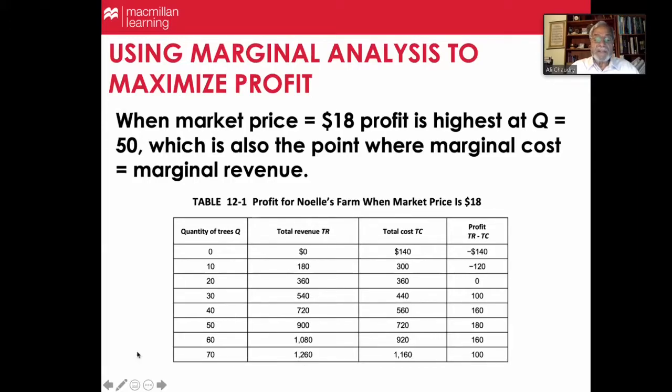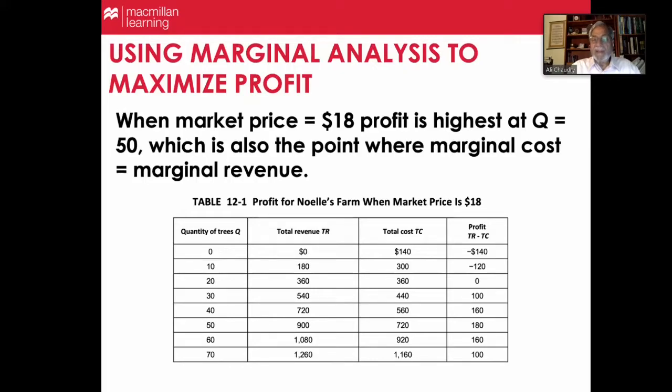All right. So in this chart, you can see the full chart now. What we're showing here is the quantity of trees being produced in the first column.